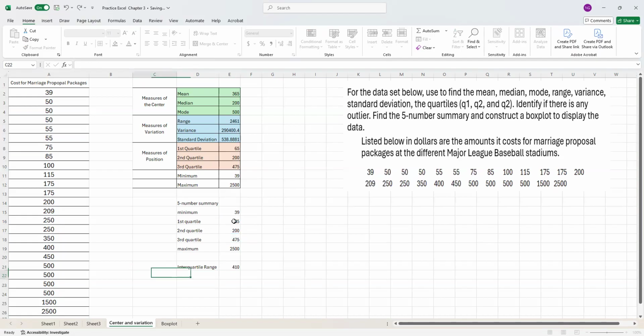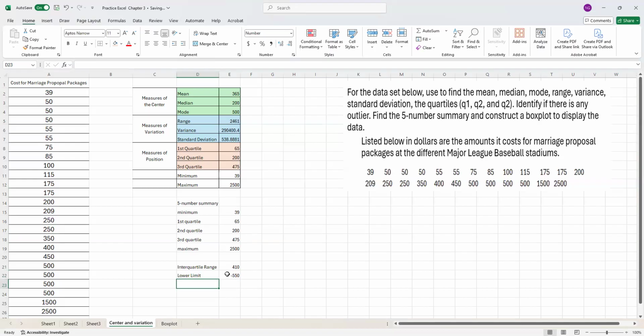Q3 minus Q1 gives you the interquartile range. Do you want to know if there is any outlier? Lower limit: you take the answer for Q1 minus 1.5 times IQR. And that's the answer.